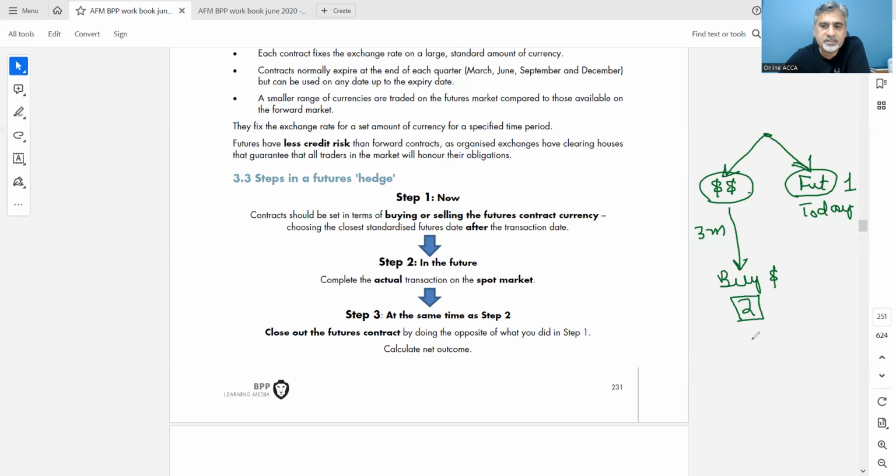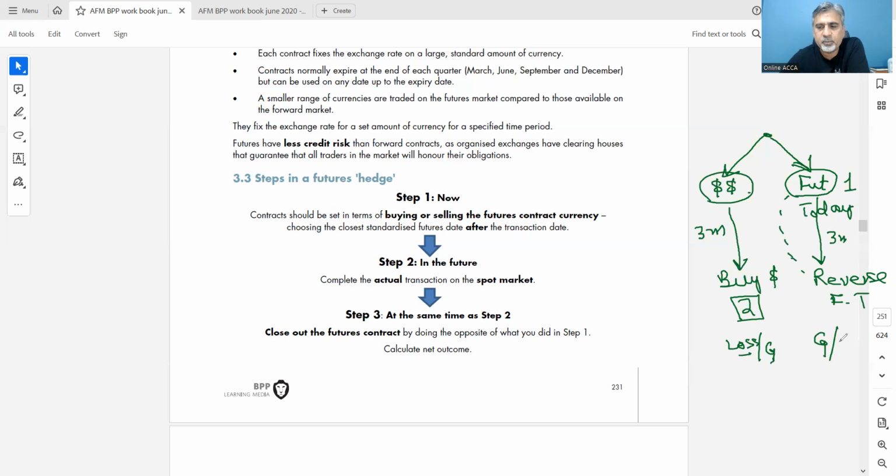And when you buy dollars, you will be making some loss or some gain. So after 3 months, on this date, you will reverse the future transaction. As a result, if it is a loss here, you will make a gain there.